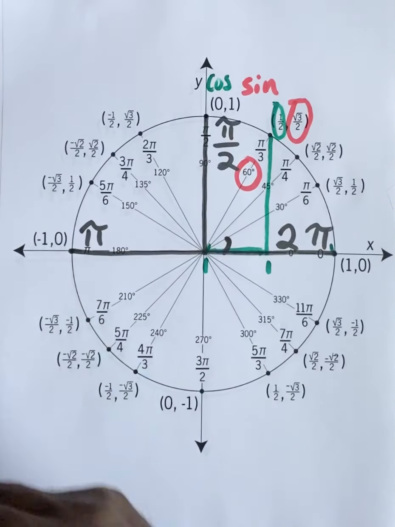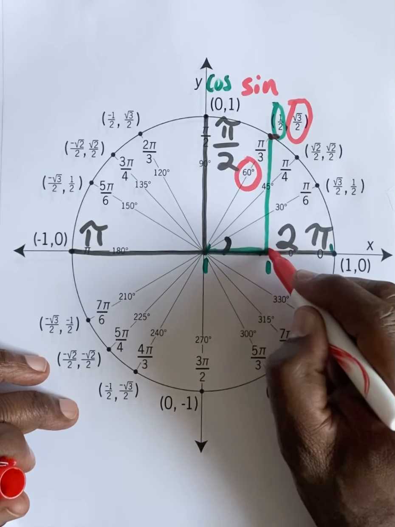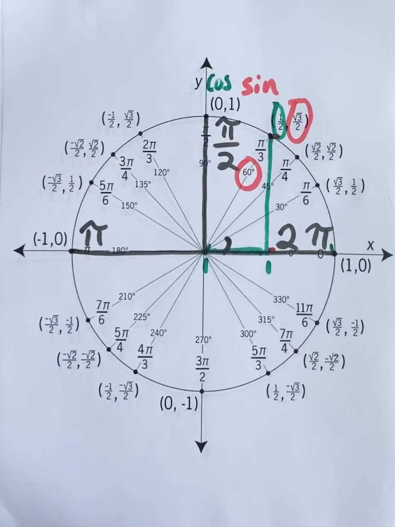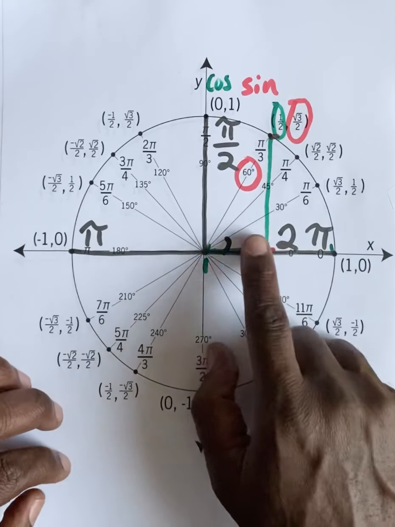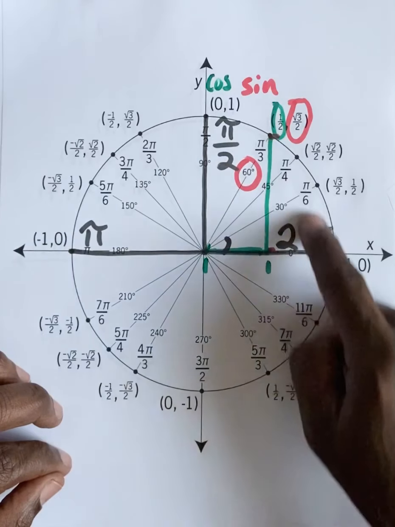That's this distance from here to here. You can describe an angle by the coordinates, or you can describe an angle by the degrees, or you can describe an angle in radians.